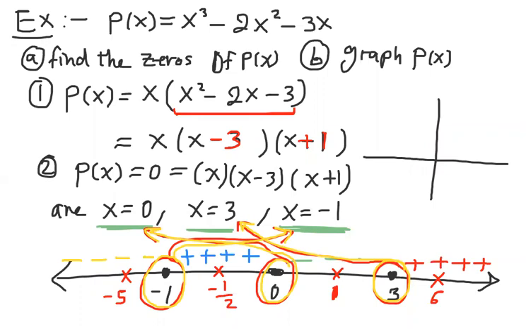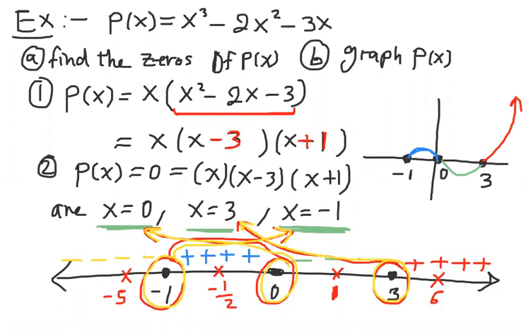So now let's start graphing this function. Here is -1, the zeros, here the 0, and here the 3. Greater than 3 is positive. Between 0 and 3 is negative, that means down. Between -1 and 0 is positive, so up.